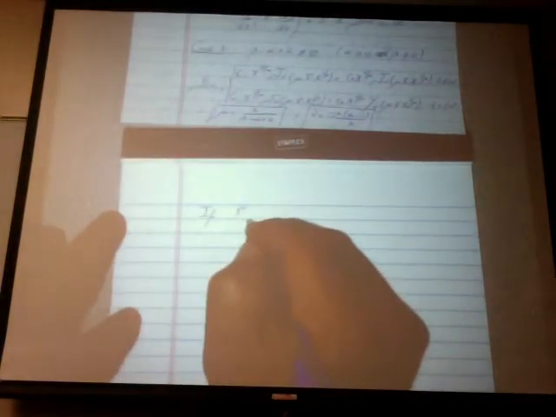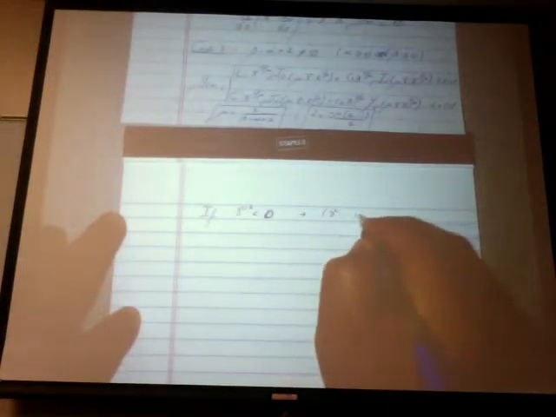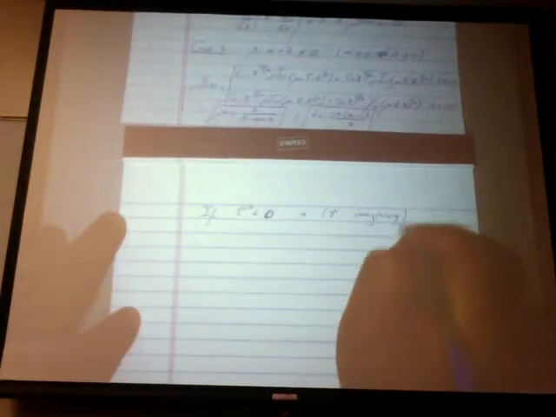So if gamma squared is negative, is less than 0, that means that gamma is imaginary. So I will have a negative sign here. This equation will have a negative sign.